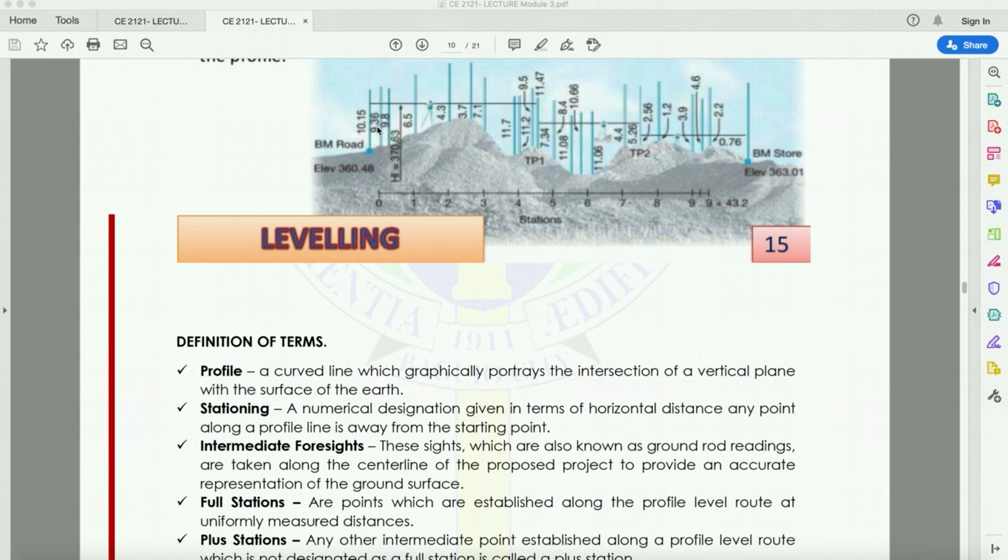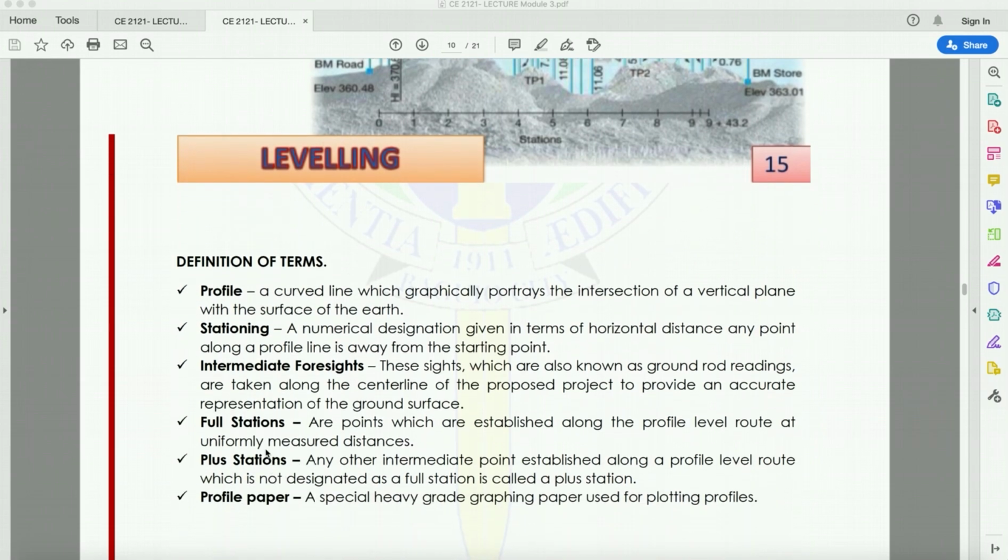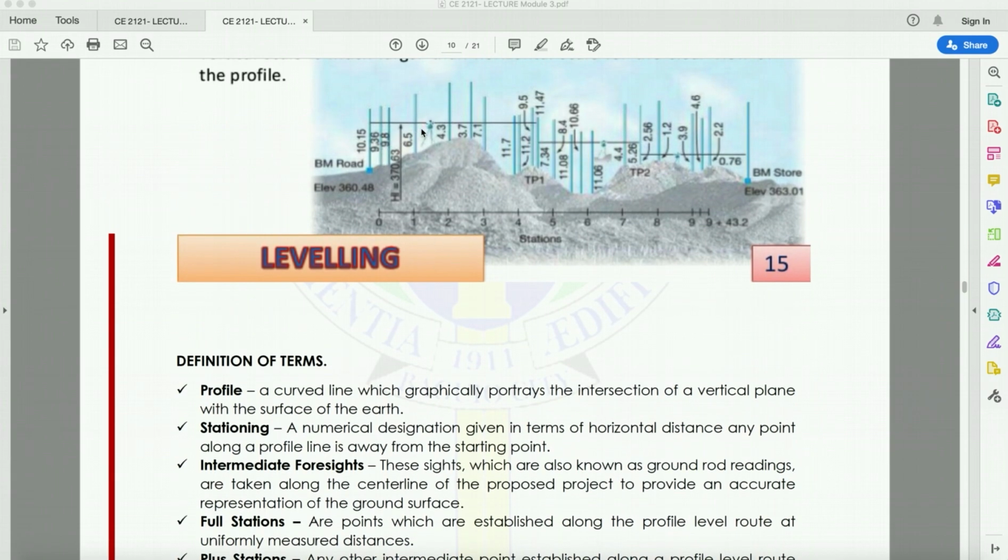So, what about the small stations here? The small stations here are not uniformly distanced, and that is what we call the plus stations. So any other intermediate points established along a profile level route which is not designated as a full station is called a plus station. Therefore, this is a plus station.